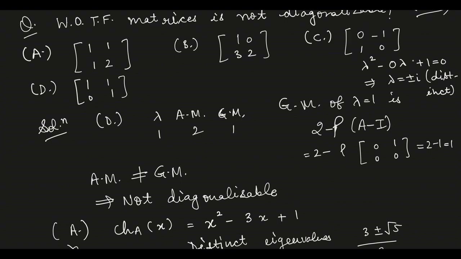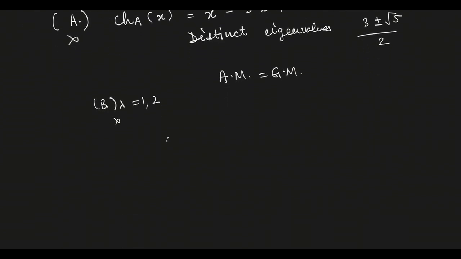So option C is also discarded because it is diagonalizable. So the answer is option D. Now next we will continue in tomorrow's class. Okay.